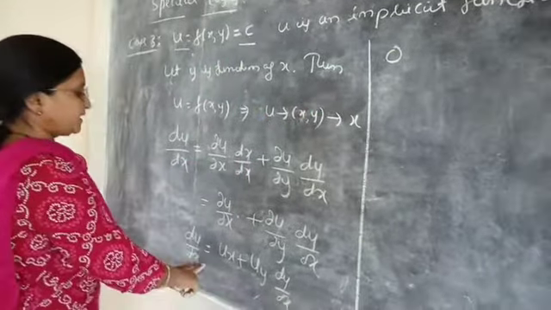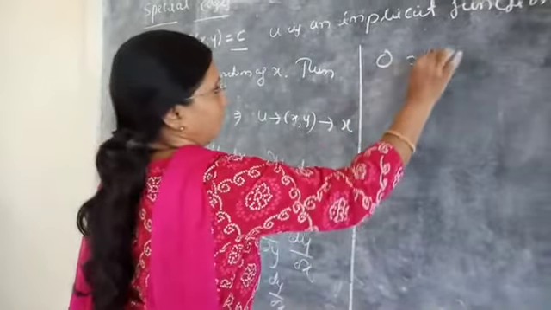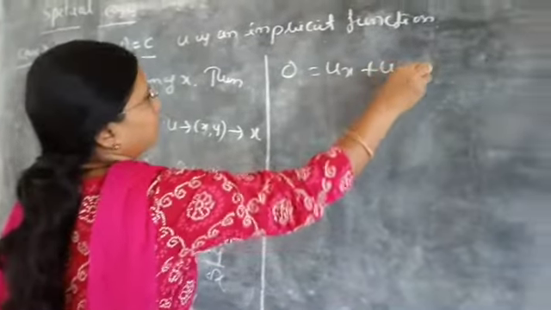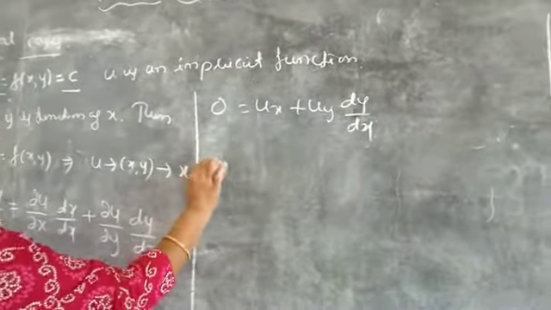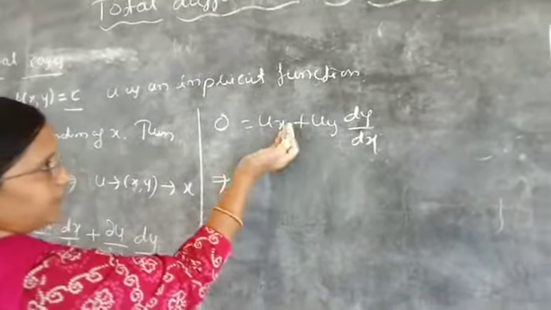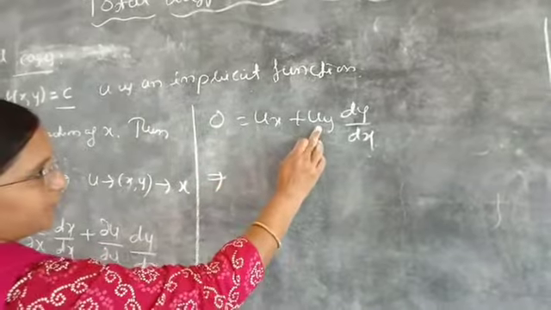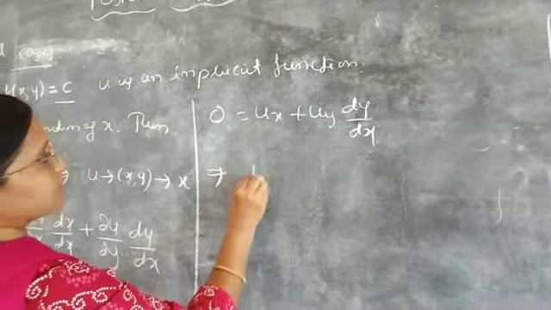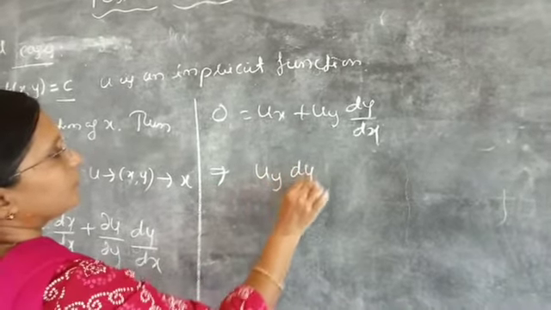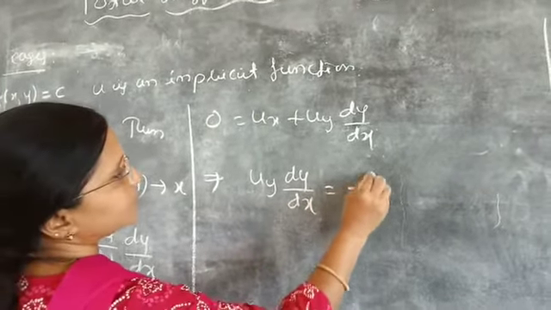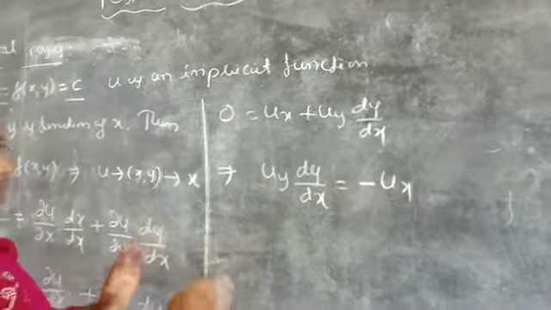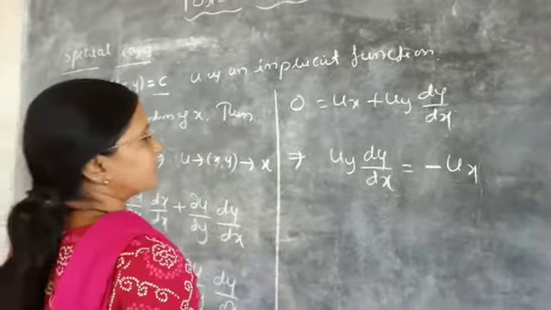So 0 = ux + uy · dy/dx. Keep uy · dy/dx as it is, and take ux to the left-hand side, where it becomes minus ux. After that we can rearrange the terms.